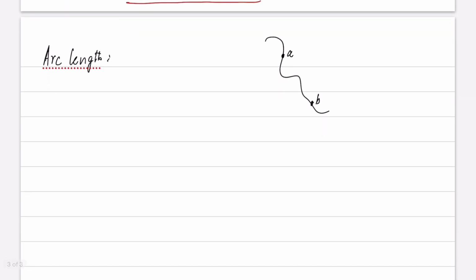Now here we provide the formula for evaluating the arc length of a space curve, or we can use a similar formula for a curve in the plane as well. So let r of t be equal to x of t, y of t, z of t. Suppose this is our space curve, and if the curve happens to be a plane curve, then we will not have the z coordinate.